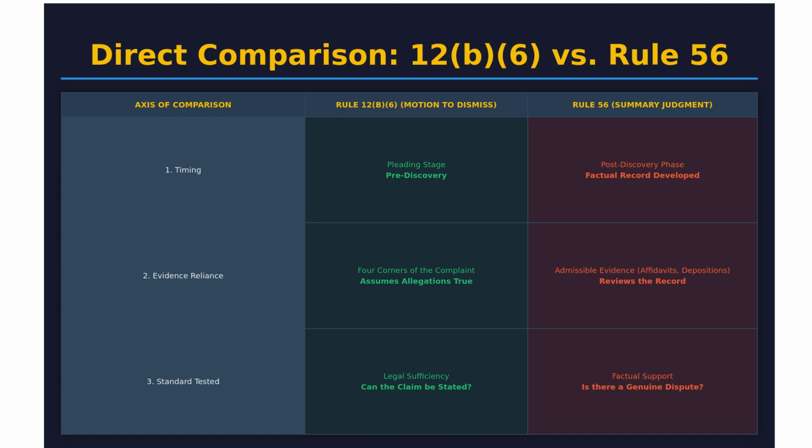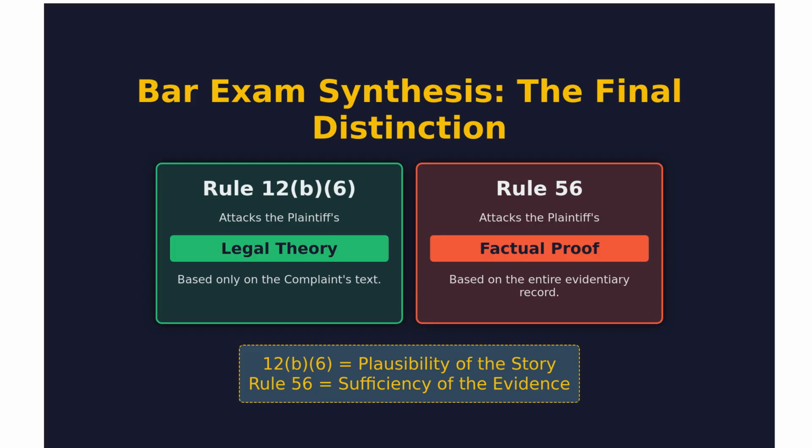Can the claim be stated under governing law? Rule 56 tests factual support. Is there truly a genuine dispute about a material fact that requires a trial? Mastering this table ensures you select the correct tool for the procedural situation. We have just reviewed the comprehensive comparison chart, which is your roadmap for distinguishing these two critical motions.